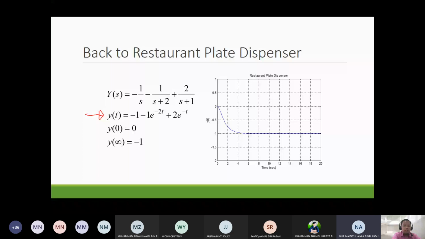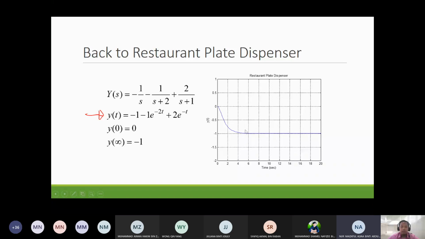If you do control systems, we want the time response of the things that we want to measure. In this case, we want to measure the position of the piston. When we get the time response of the position, then we can plot the graph.